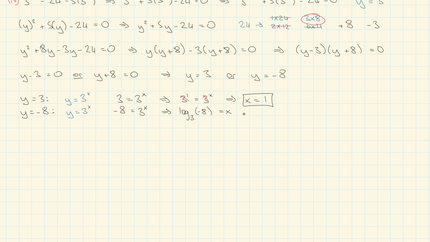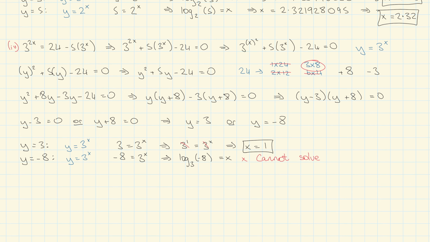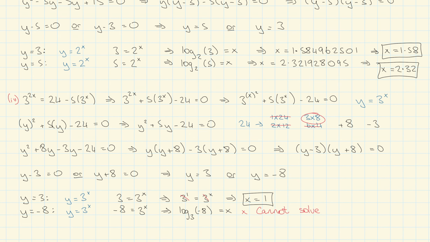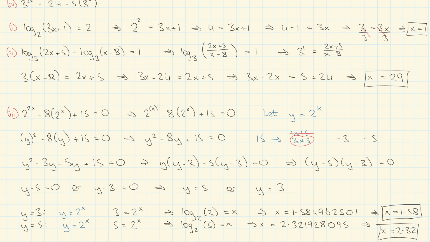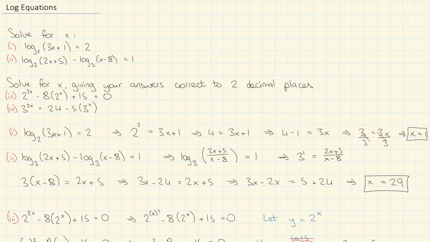So we're going to put an x, and that we cannot solve. So the condition for logs is whatever the value in here is, in your log tables they usually call it x, it has to be greater than 0. Otherwise, it cannot be calculated. Okay, and that's parts 1 through 4 done for log equations.